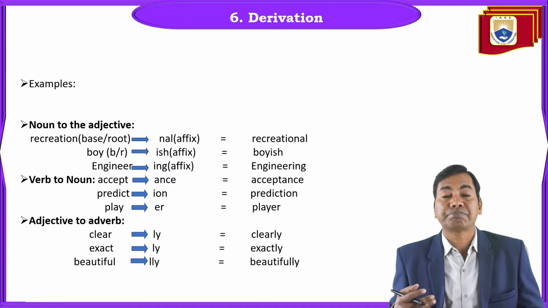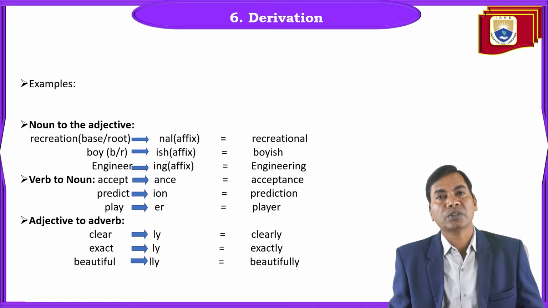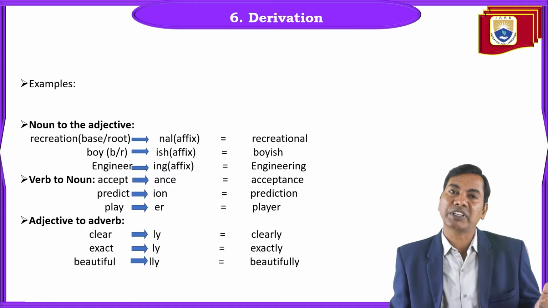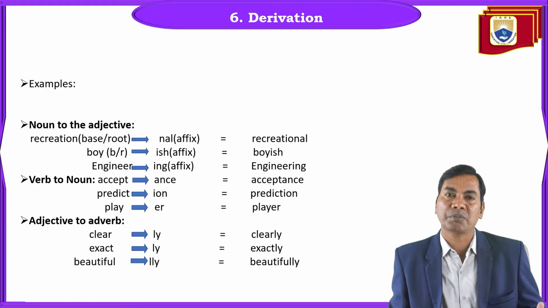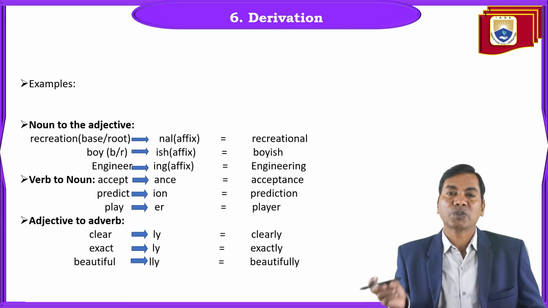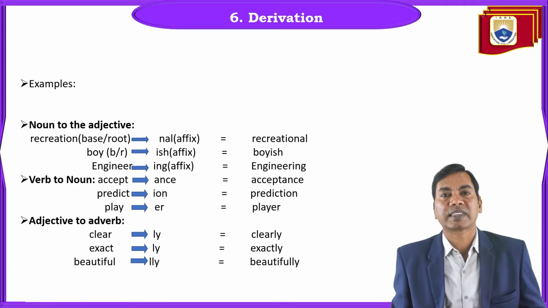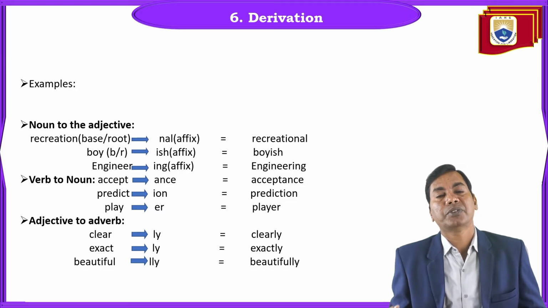Or ed, past tense inflectional markers such as ed: walk, walked. So we call all these bound morphemes. Under bound morphemes, prefixes, suffixes, and inflectional morphemes also come. So we use bound morphemes with the existing word to derive new words.